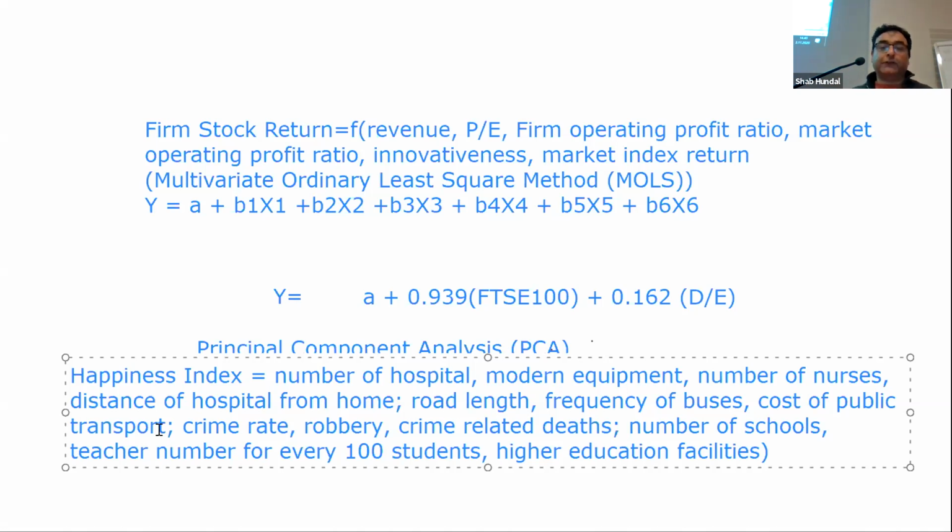Look at the third set of variables: crime rate, robbery, crime-related deaths. Can I put all these 3 variables into one construct called general safety, or safety construct, or safety factor? And then look at the last set: number of schools, teachers for every 100 students, higher education facilities. These 3 variables are talking about what? Which construct? Education. Well said.